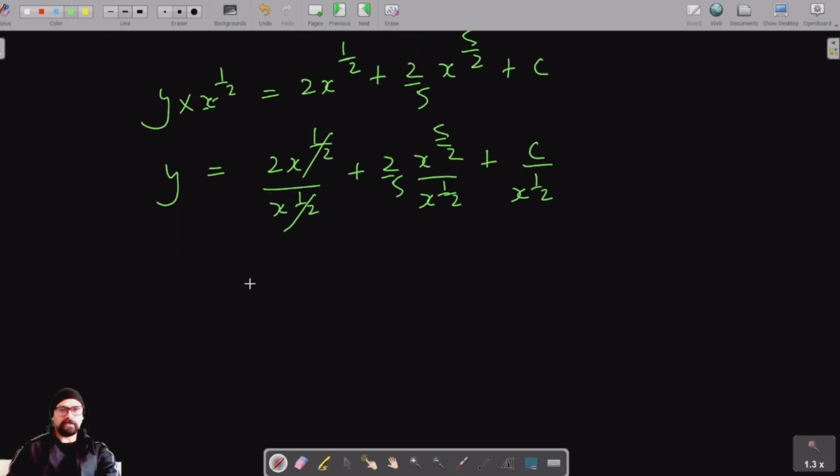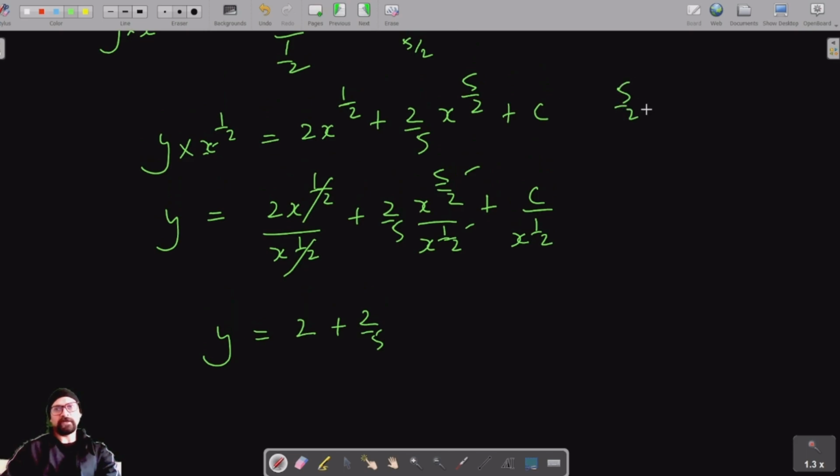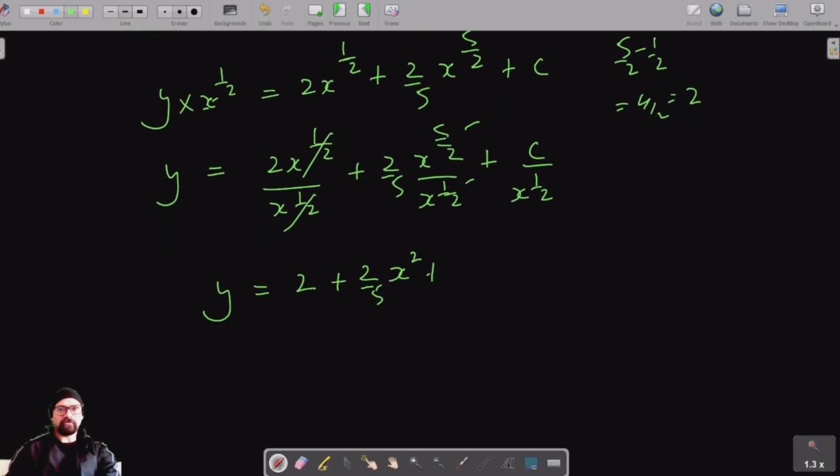So this gets cancelled. This is now y is equal to 2 plus 2 by 5, and 5 by 2 minus half is 4 by 2, which is 2. So this is x squared, and this can be written as c upon root x.